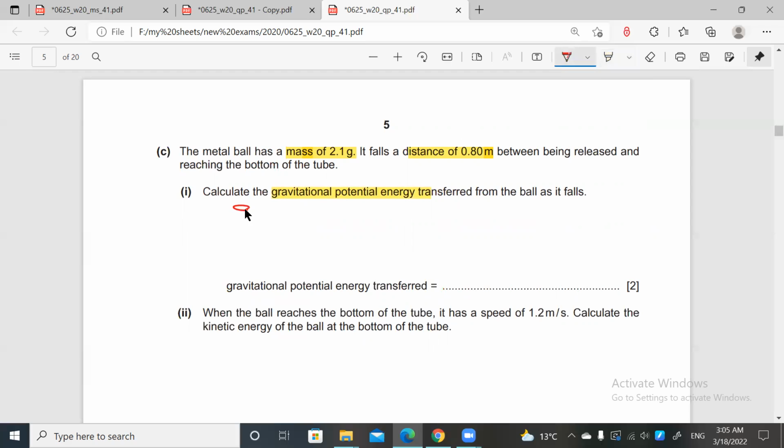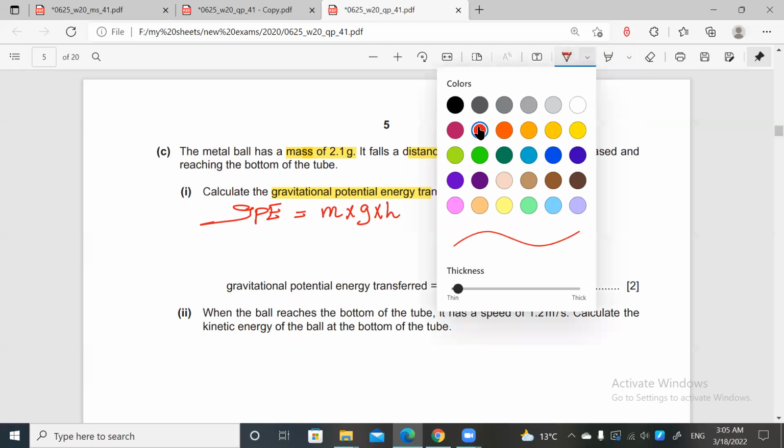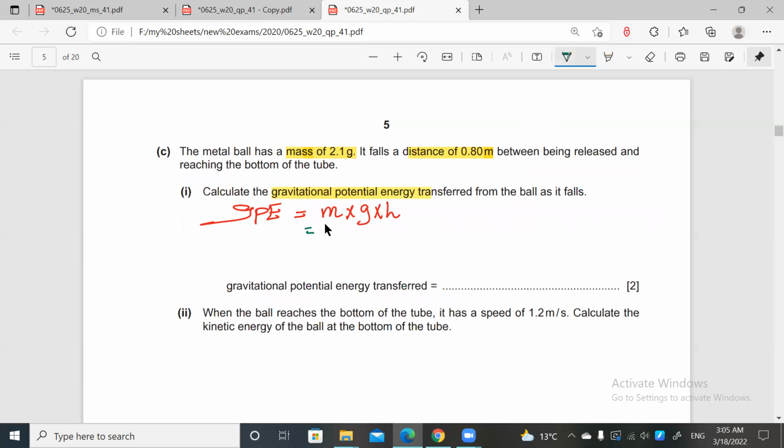Okay, we have a rule to calculate the gravitational potential energy, which is equal to the mass times the gravity times the height, okay? The mass is equal to 2.1, but wait, the mass is given in grams, so we must convert it to kilogram. So we multiply by 10 to the power -3.